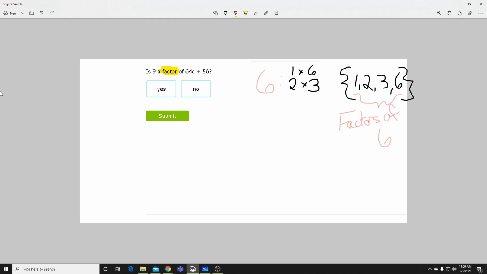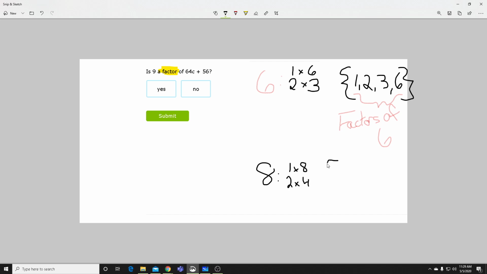Okay, so factors are numbers that you multiply together to get another number. So the factors of, let's say the factors of 8, that would be, we know 1 times 8 would work, we know 2 times 4 would work, and that's it.